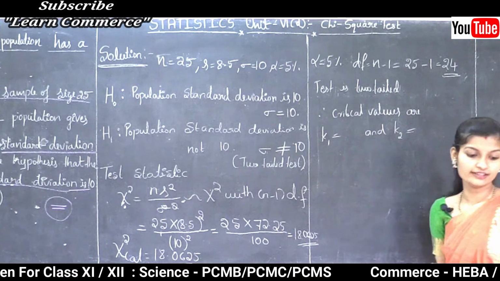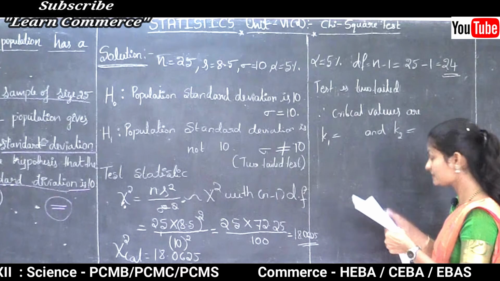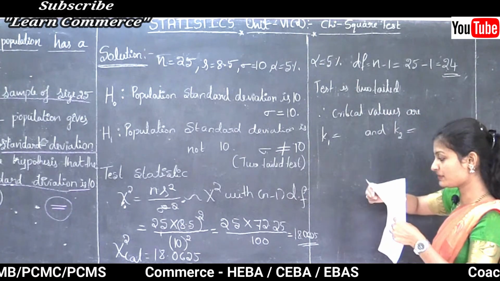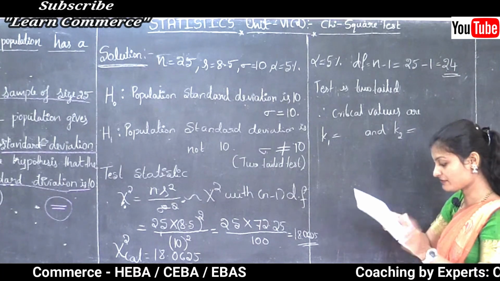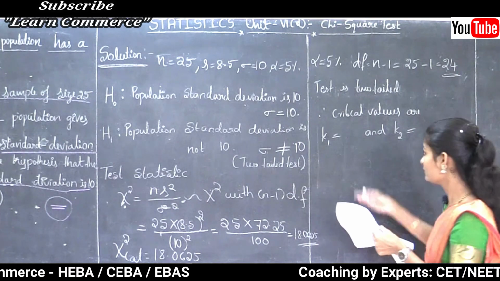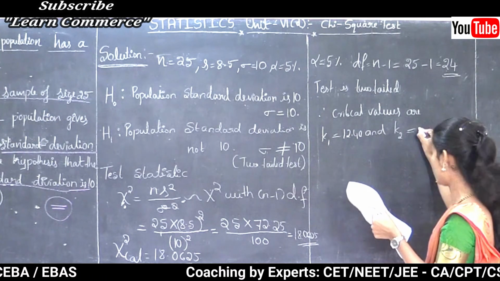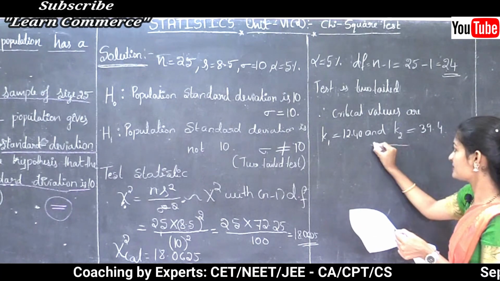Here the degrees of freedom is 24, alpha is 5% and this is a two-tailed test. Therefore, the K1 value is 12.40 and the K2 value is 39.4.